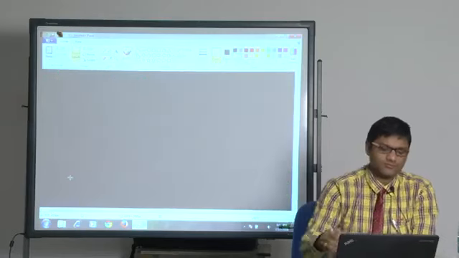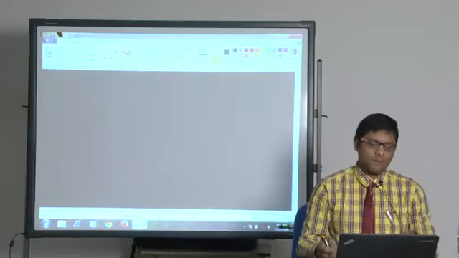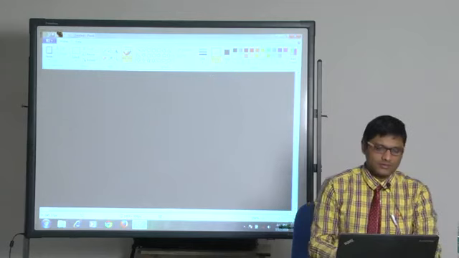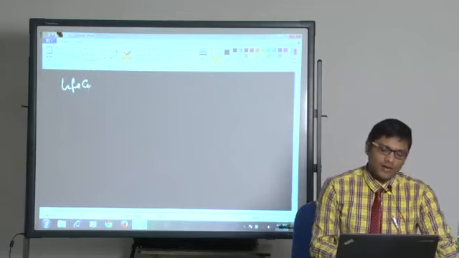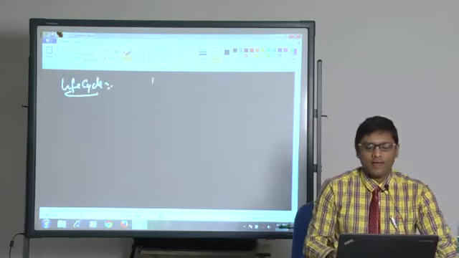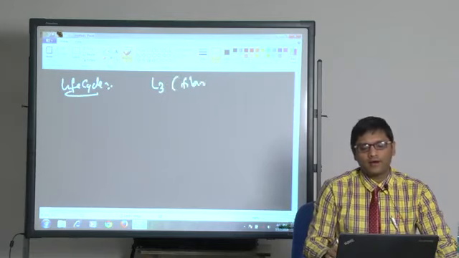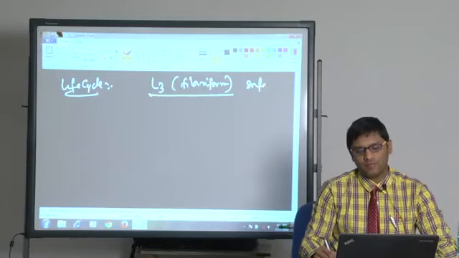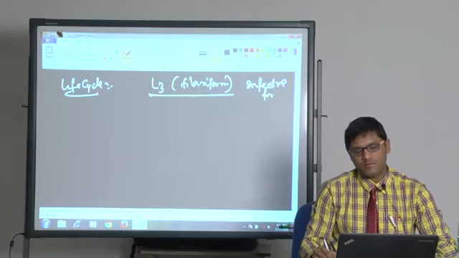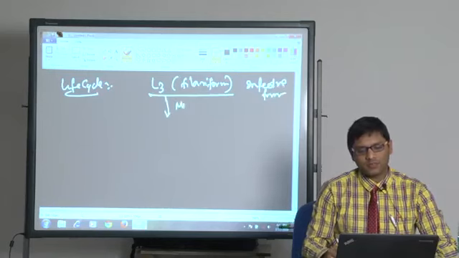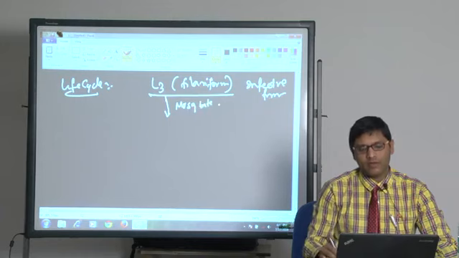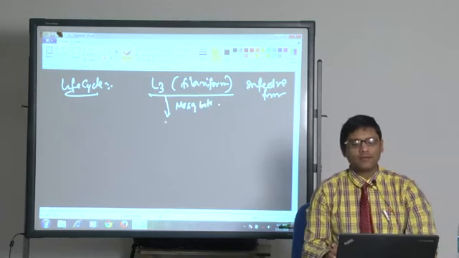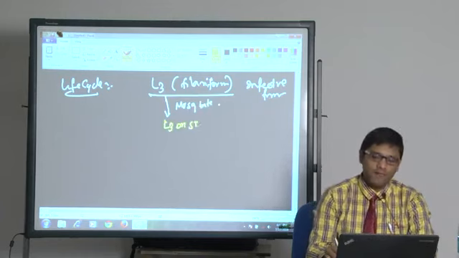Next is how the life cycle occurs. Life cycle, they say that the L3 form or the filariform larva is the infective form, transmitted by mosquito bite. So the L3 form larva will be deposited on the skin.